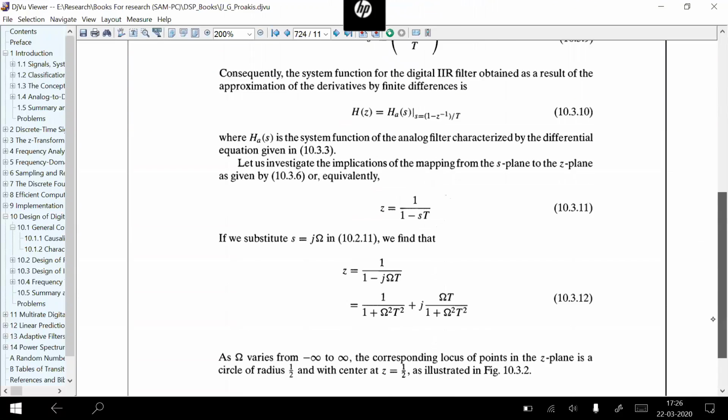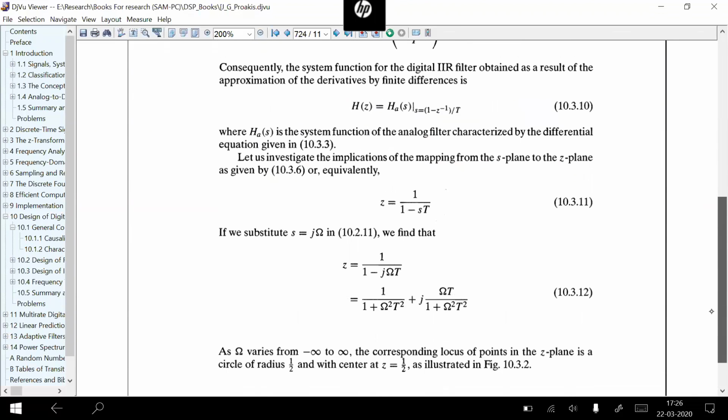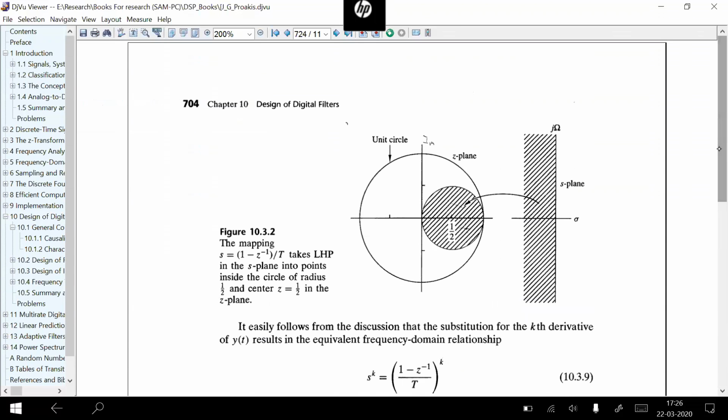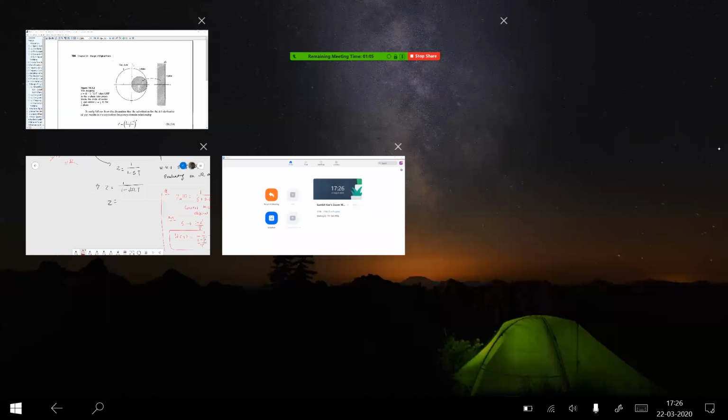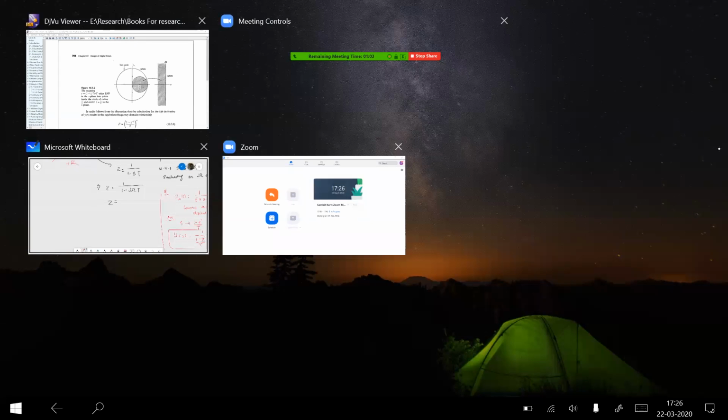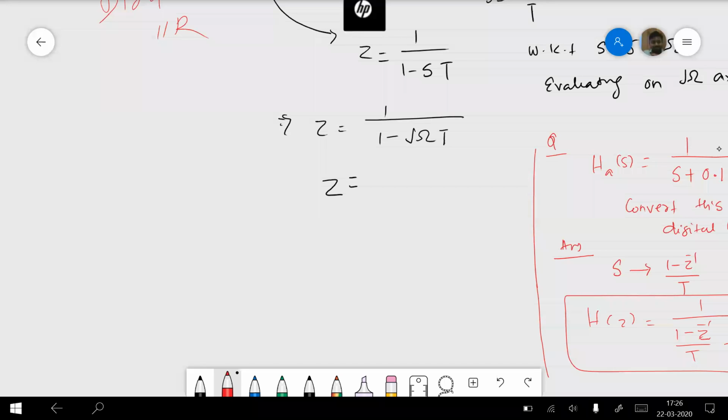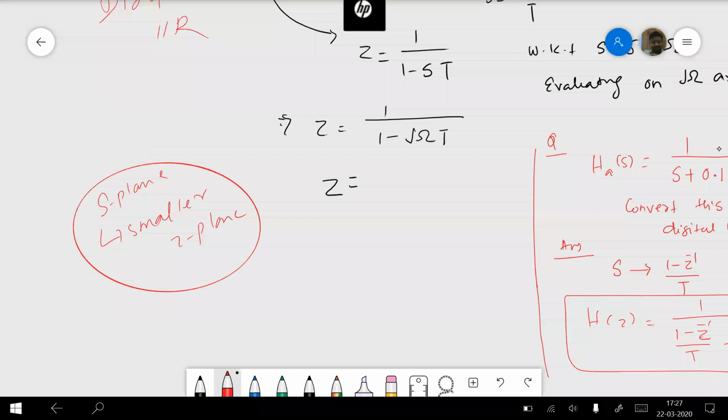The explanation is given here in these two equations, right? Now your work is to make me understand what this is. Basically the figure is saying that your whole S plane is getting mapped to a smaller Z plane. That's what we are looking at.